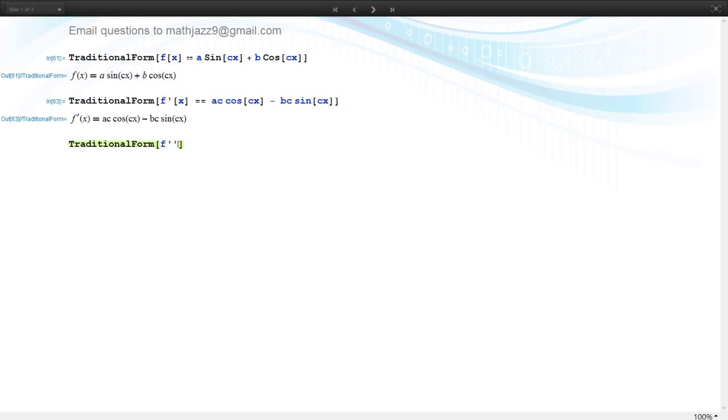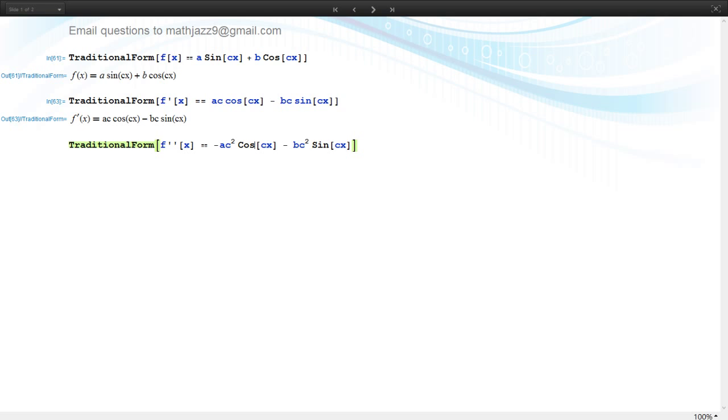We go f double prime of x equals, and we take the derivative of AC cosine of cx, which gives us negative AC sine of cx, and we multiply by the derivative of cx, which means that we get c squared. And we'll do the same thing on sine. We get BC, and I'm going to put the squared there anyway because I know it's coming, cosine of cx. Right.